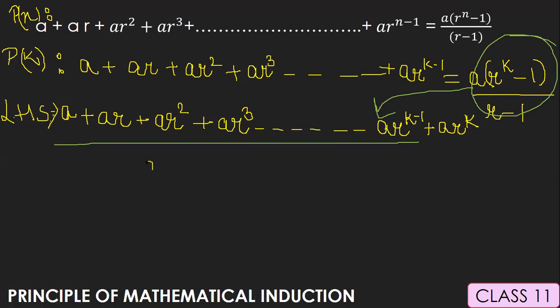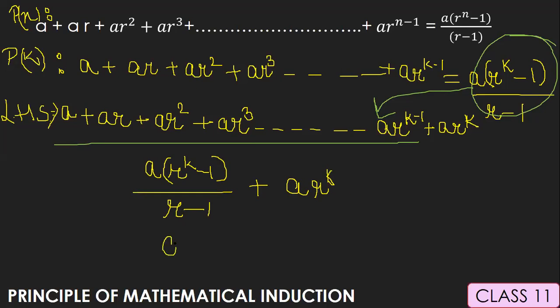So it could be A (R raised to power k minus 1) divided by R minus 1 plus ARk. Right? You are writing this term.